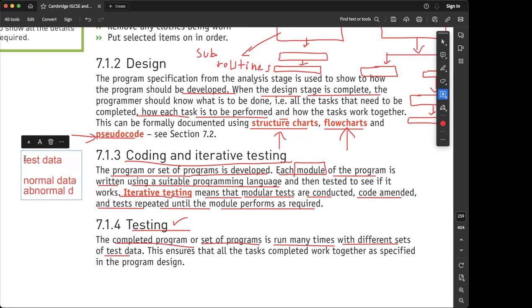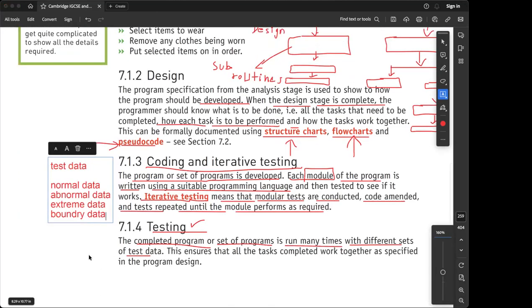No, sir. Okay. Extreme data and boundary data. So we check our program with the help of these types of data all the time. After the testing of our program, now the program is ready to launch in the market.